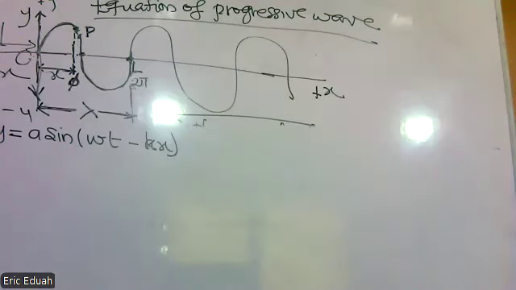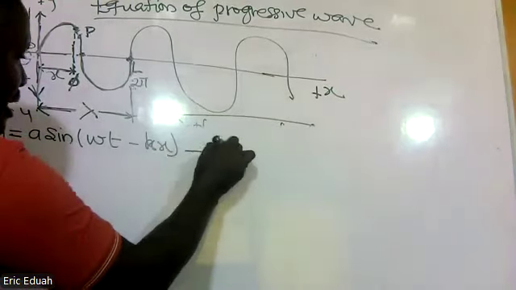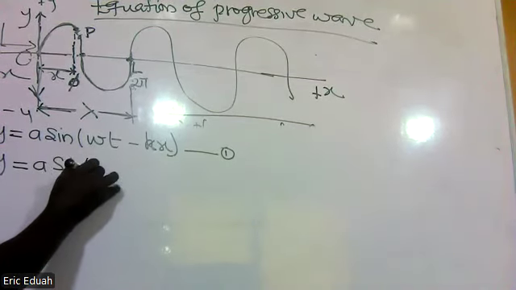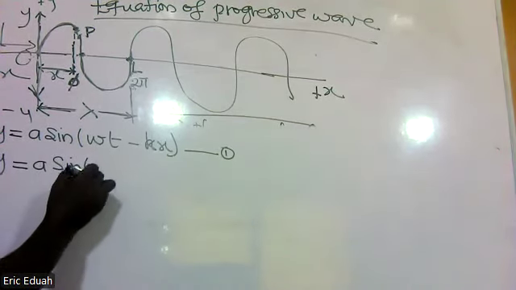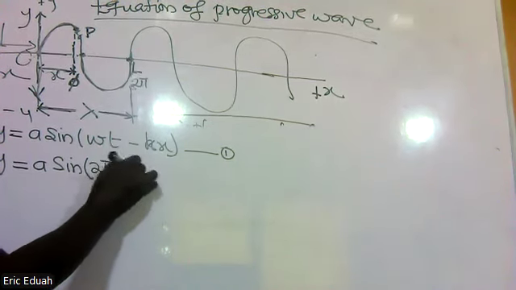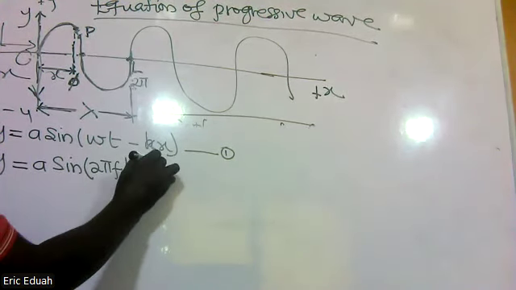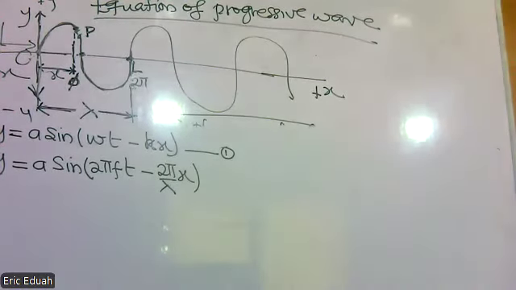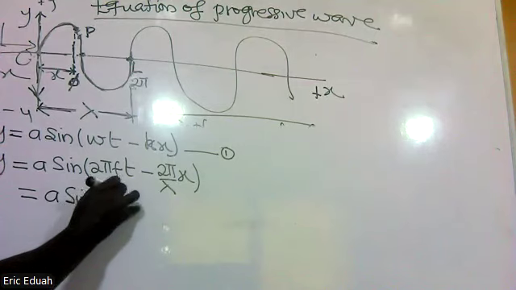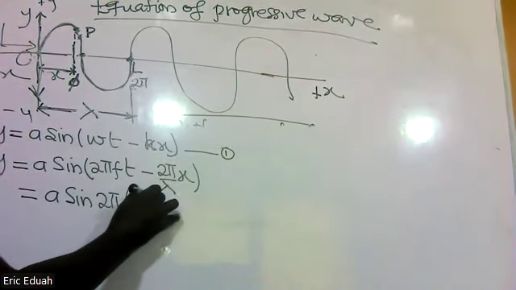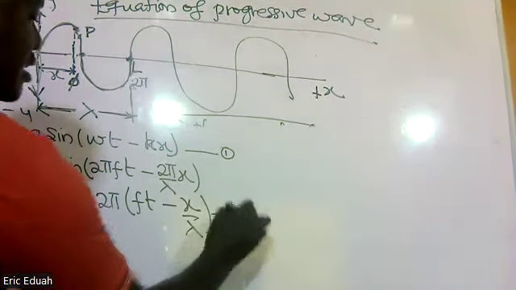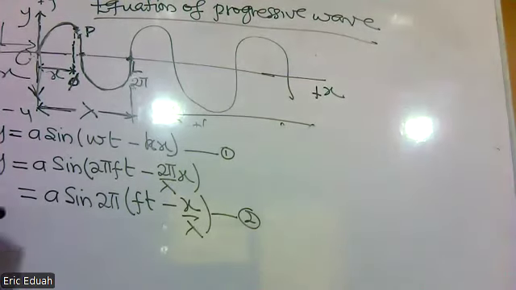We can write it in other forms. So this is one. The second form is that y is equal to a sine, omega is 2 pi f, so 2 pi f t minus k, which is 2 pi over lambda, x. We can write it as a sine 2 pi, f t minus x over lambda. So this is the second form of the progressive wave equation.